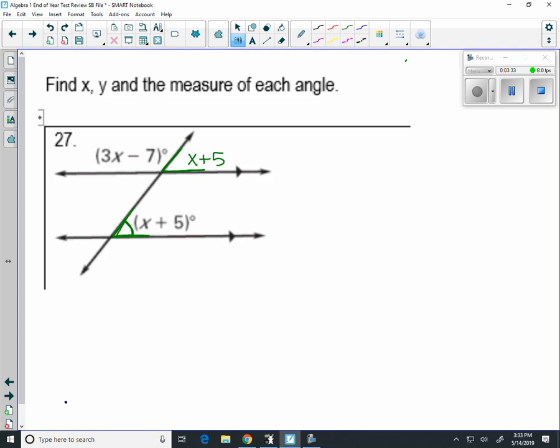And then the relationship between 3x minus 7 and x plus 5, this relationship here, is that they're a linear pair. And the linear pair makes a straight line. They add to 180. So we're not going to set these two equal to each other. We're going to add them to 180.